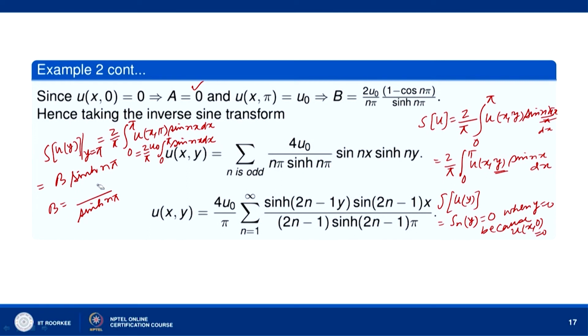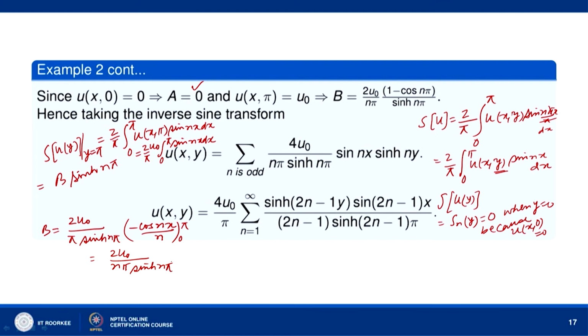So, B is 2 u naught upon pi times sinh(n pi), and then we integrate sin(nx): minus cos(nx) divided by n, from 0 to pi. So, this will give you 2 u naught upon n pi sinh(n pi) times (1 minus cos n pi).